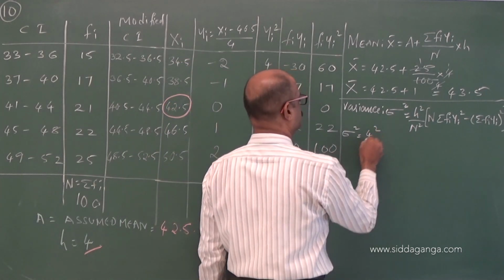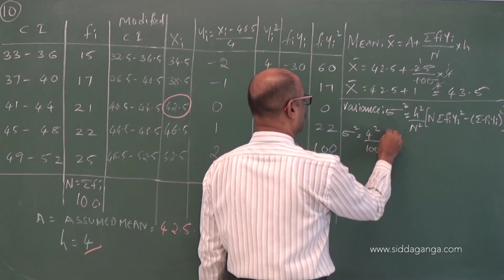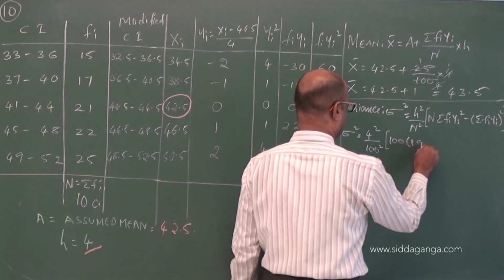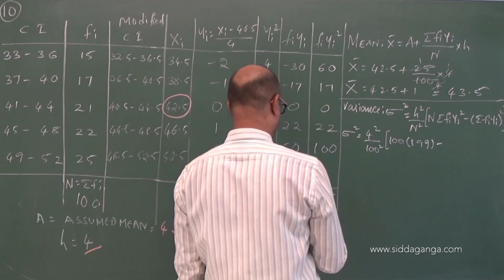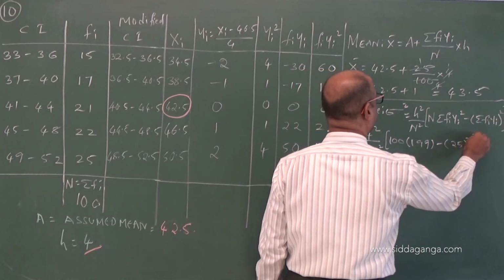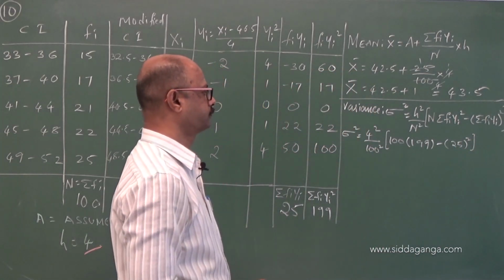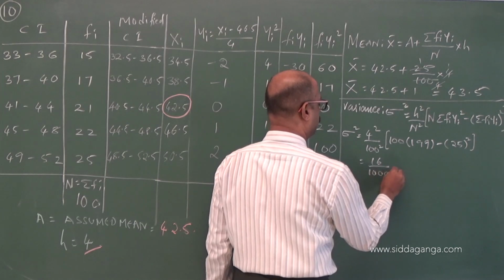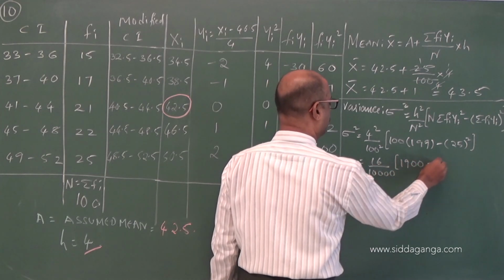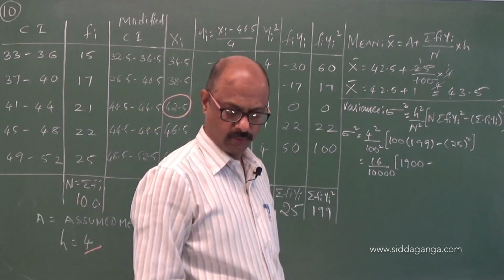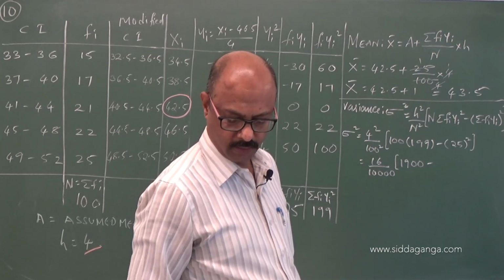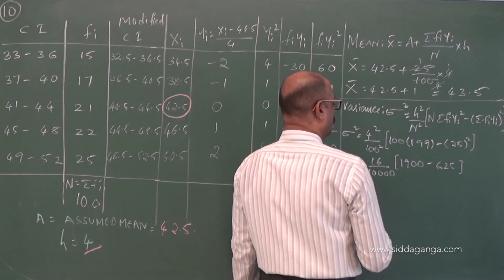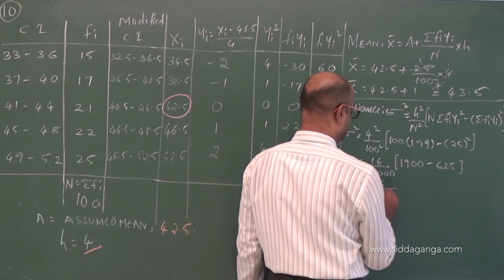H is 4, so 4 square divided by N is 100 square. 100 into sigma fi yi square, you will get 199, minus sigma fi yi is 25, so this is 25 square, like this. 4 square is 16 divided by 1, 2, 3, 4 zeros, and this is 19900 minus 25 square, which is 625. 25 into 25, you will get 625. So this is 16 divided by 10,000.